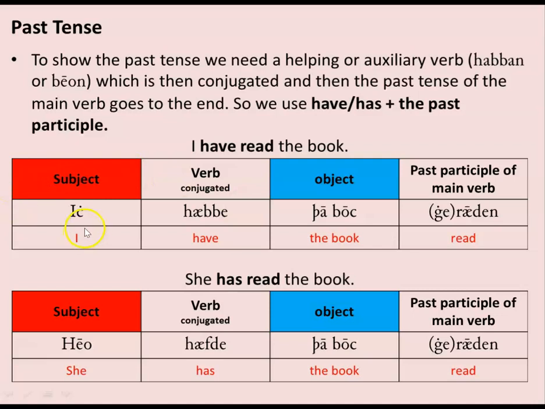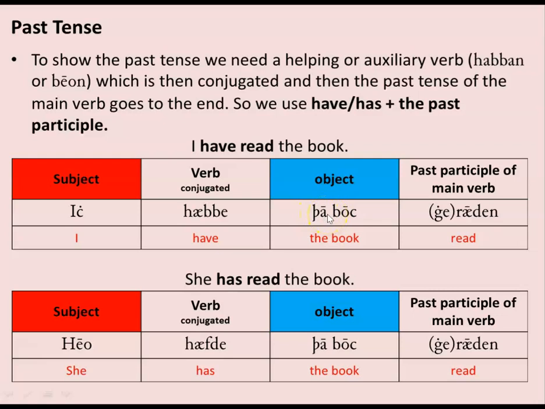So first, it's me, I, so first person, present tense singular, so we choose habe. I have. Okay, I have. It's now true in the present. The book is the object, so bulk, that's the accusative form of book, and that is a feminine noun. Book is a feminine noun, so we choose the feminine demonstrative article, which is the.